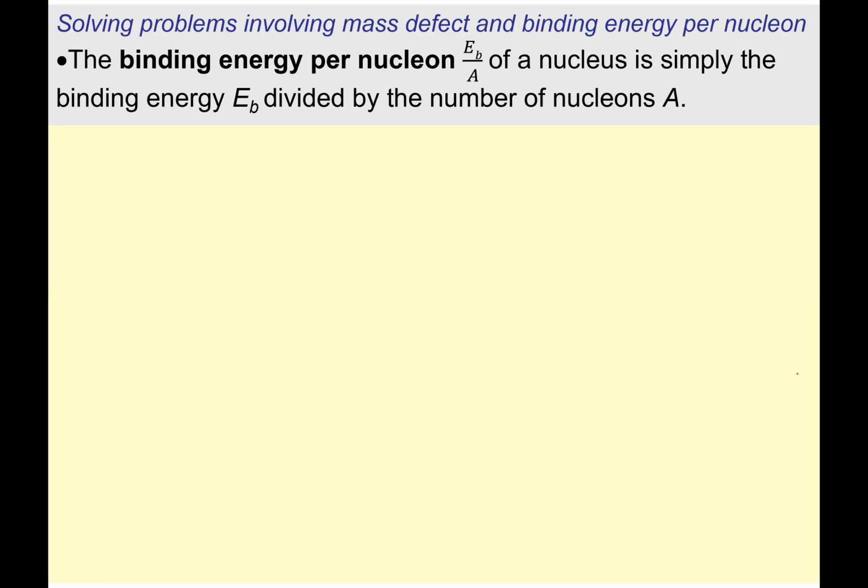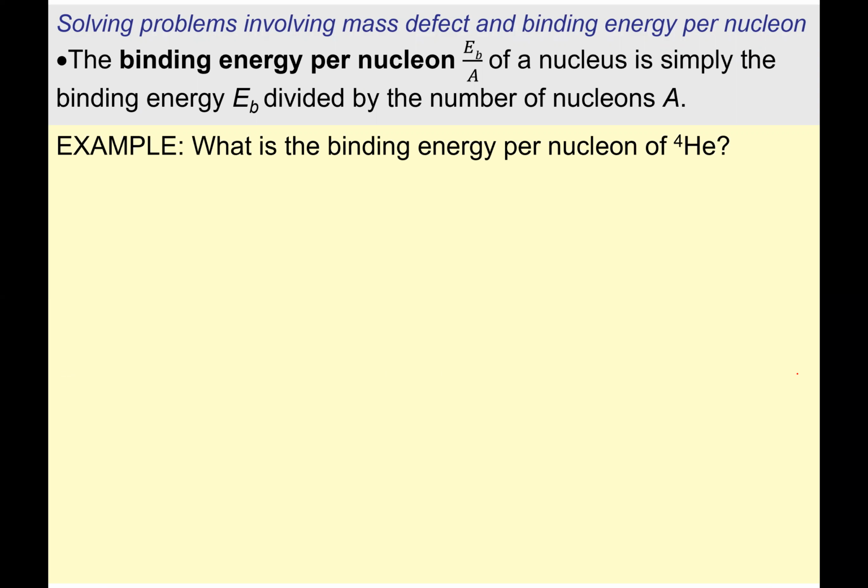Okay, but an important idea that we use in nuclear physics is the binding energy per nucleon of a nucleus. Really simply, you take the binding energy of the nucleus and divide it by the number of nucleons. So for example, what is the binding energy per nucleon of the helium-4 nuclide? I would take the binding energy of helium-4 and divide it by the number of nucleons in helium-4.